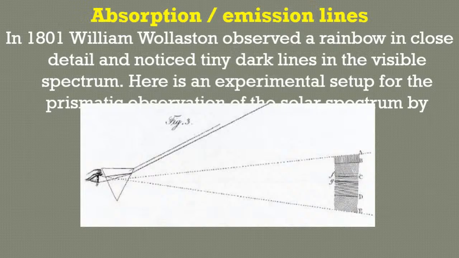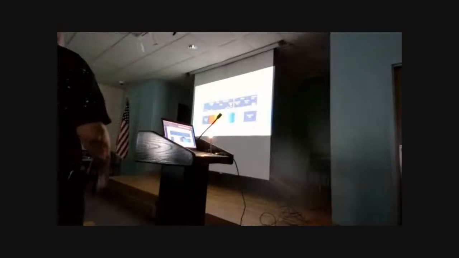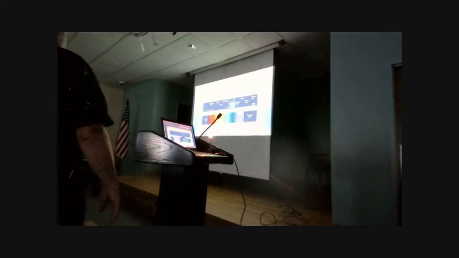Most of the time when we look at the spectrum, we do not see dark lines. Look at the spectrum here real fast. This is what we normally think of with the spectrum. We have the visible light in a very narrow band here.